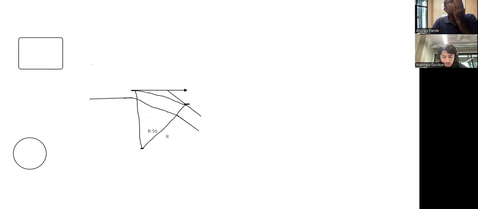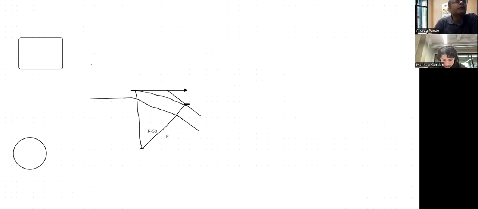Now think about it: the problem says you don't want the monument to interfere with the right of way. So now think about what you can do.